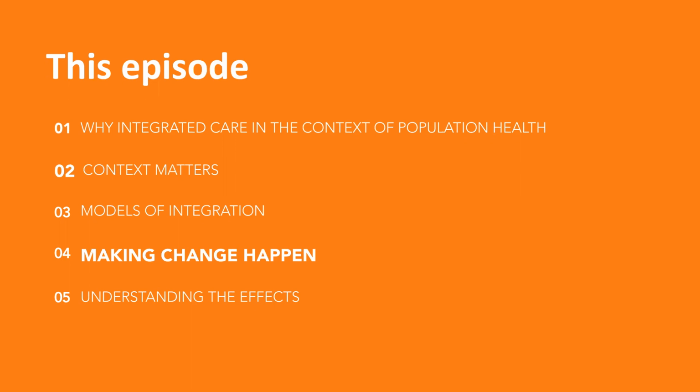In this webinar, we will be talking about implementation issues around integrated care. We will explore common barriers and how to overcome them and identify enablers to make change happen.